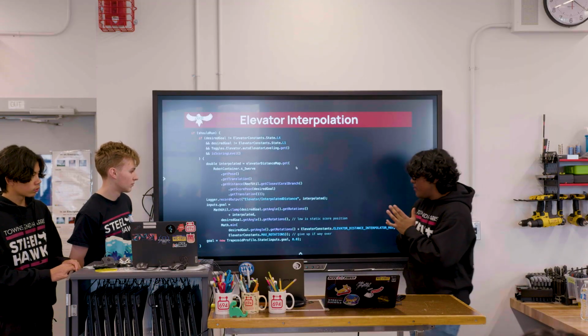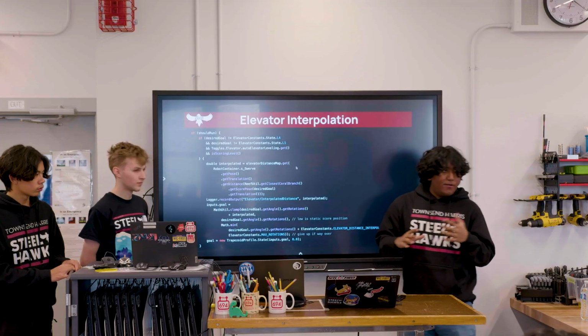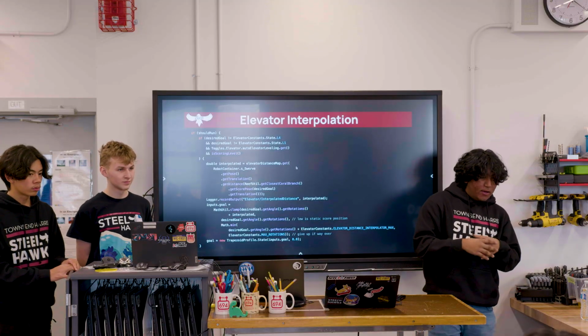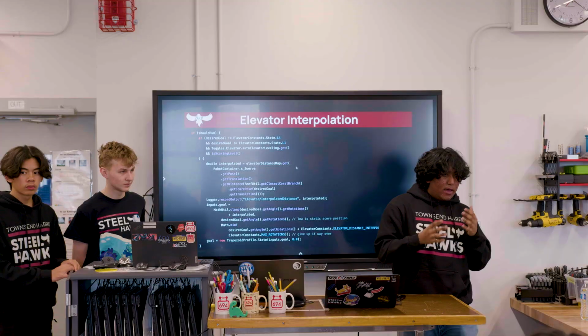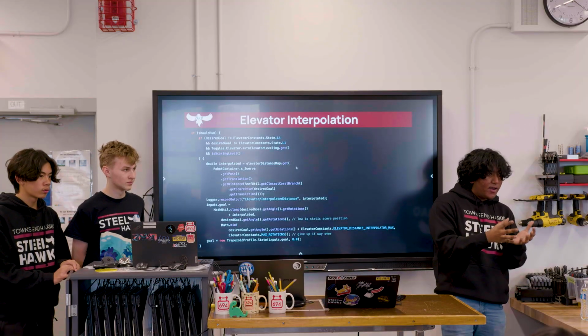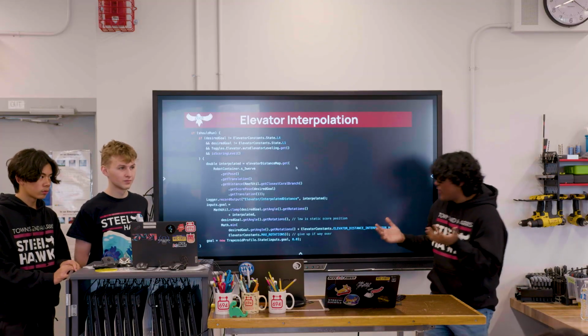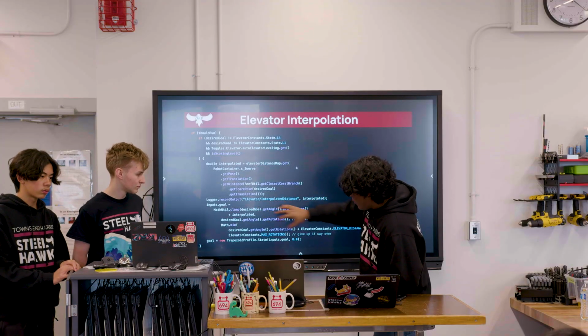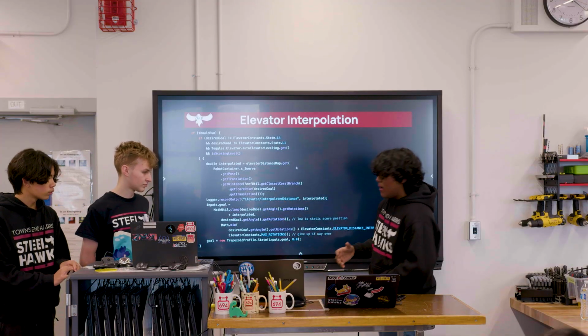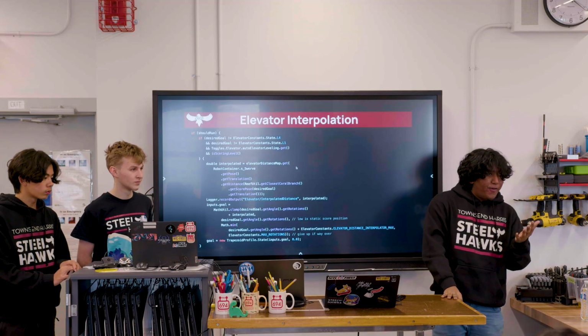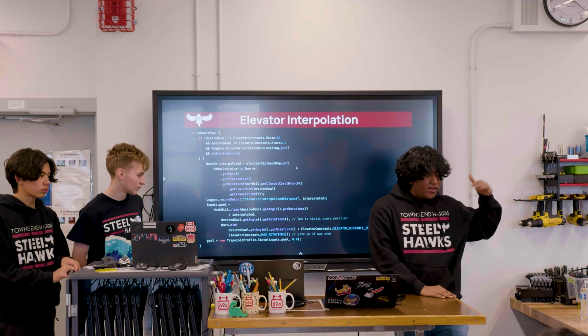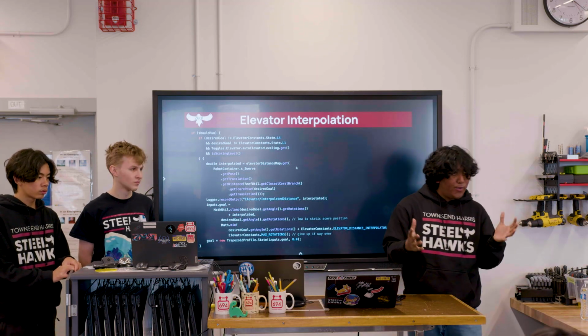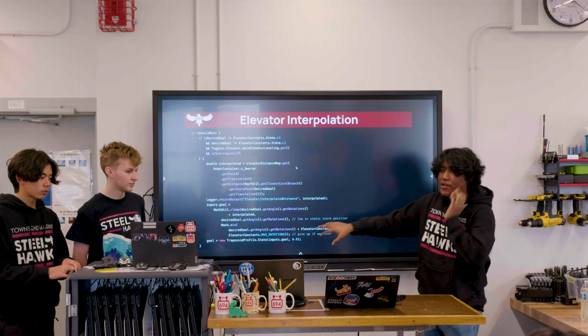Oh, okay. So we use something called AdvantageKit. It's basically a logging framework, and inputs is where you log your data. So we're logging this goal data value, and then we set it here, and your trapezoid profile, which calculates your setpoints, your motion profile to get there, takes this object.